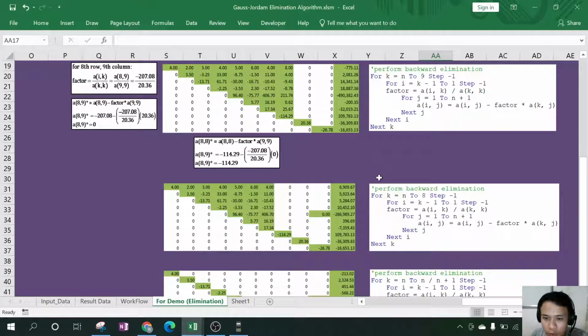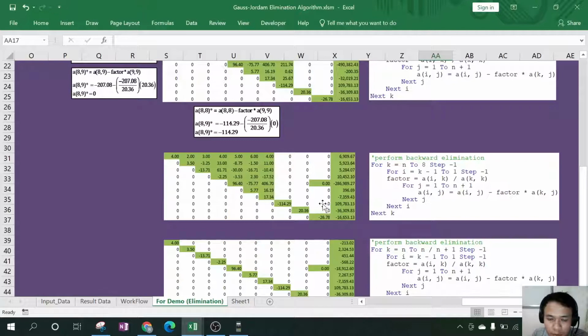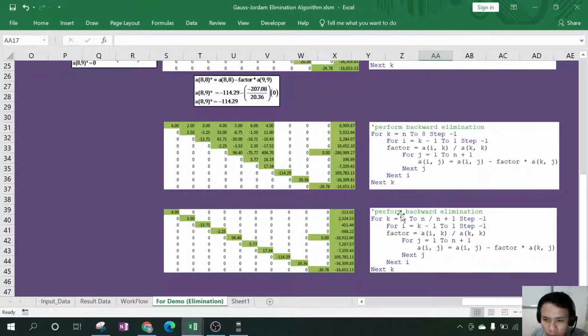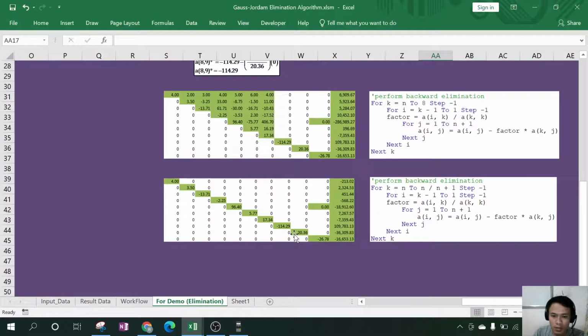Okay, then continue up here. Then we get this result. Then continue the process up to n to 1. When k is at 1, then we get it here. So that is the process of the backward elimination.